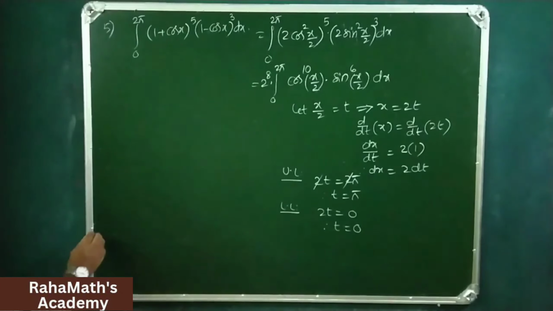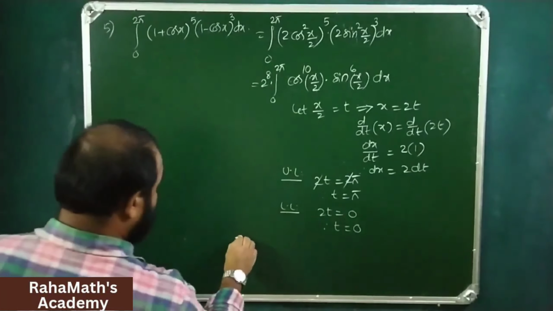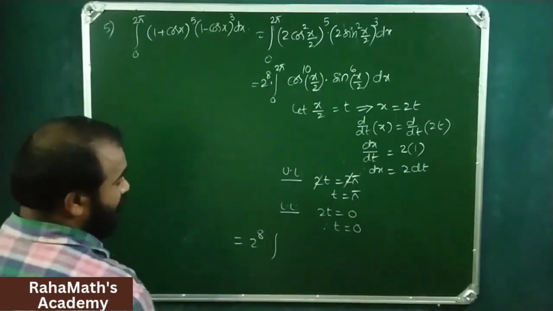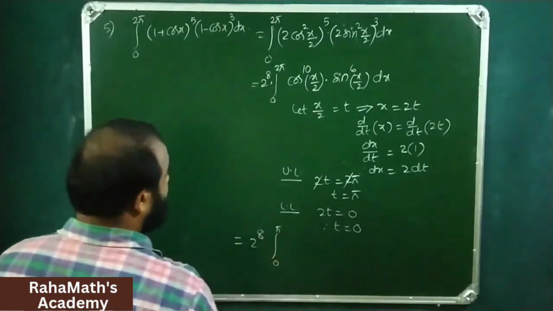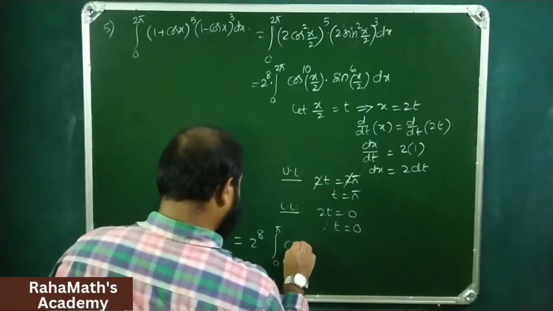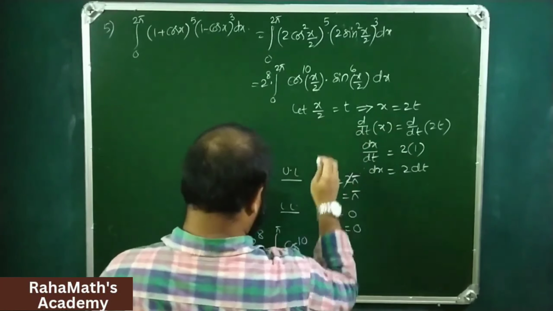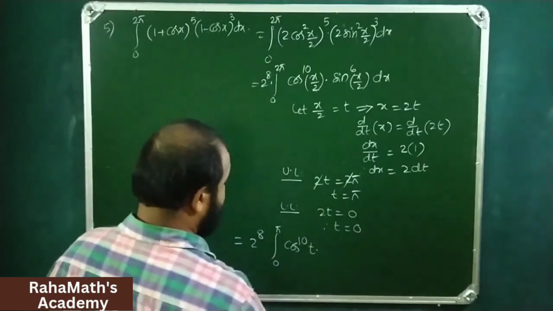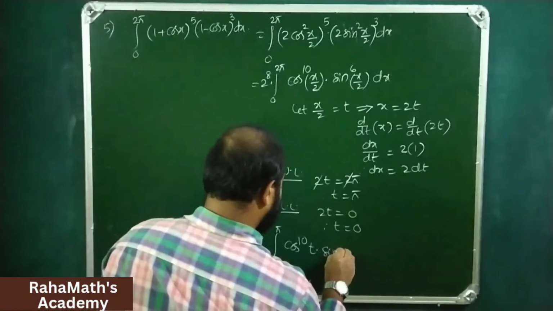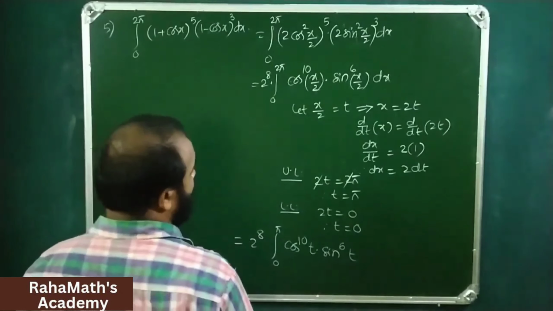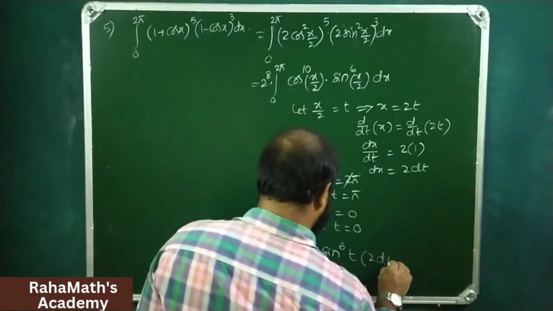Therefore the given integral, 0 to 2 pi, is equals to 2 power 8 integral 0 to pi of cos power 10 of x by 2, which is t, into sin power 6 of x by 2, which is t, and dx value is 2 dt.